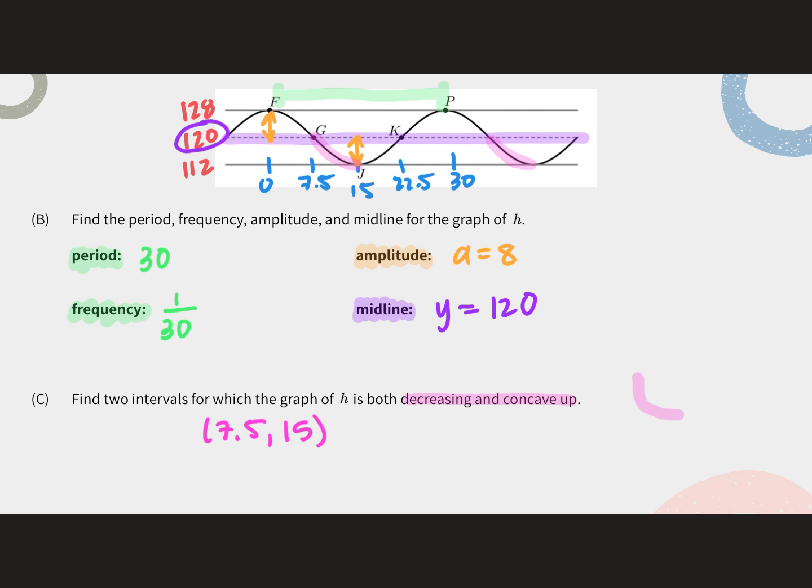Remembering each of those quarter waves was 7.5 units long, the next point that I would need for the start of that interval would be 37.5, and then the end of that interval, if I add 7.5 again, would be 45. So that next interval would be between 37.5 and 45.